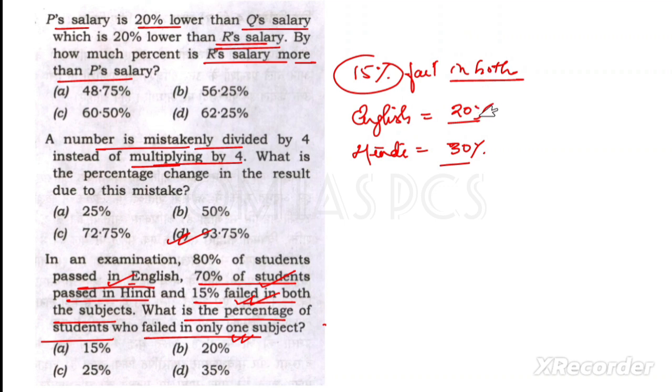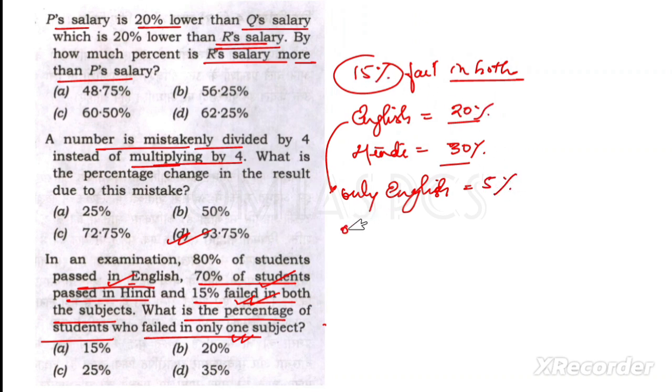If you are getting confused with the percentage, just consider 20 instead of 20 percent, and 30 instead of 30 percent. Now this 15 is included in both English and Hindi. So if I say only English, what will be the value? For only English it will be 20 minus 15, that is 5 percent.